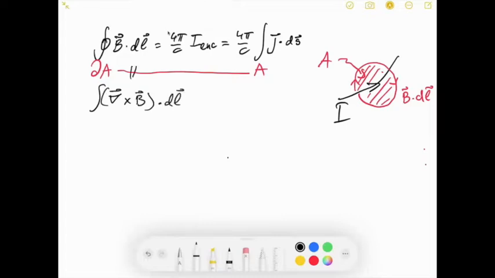So these two are the same. And now we have... hang on a second, what am I doing?